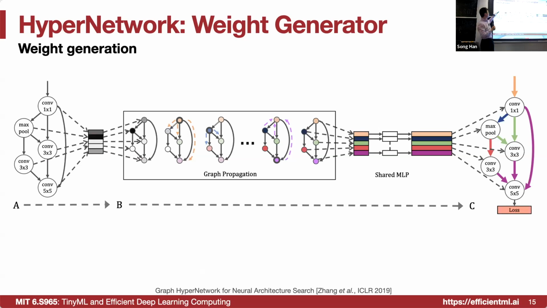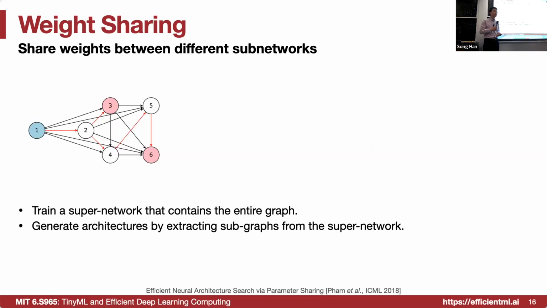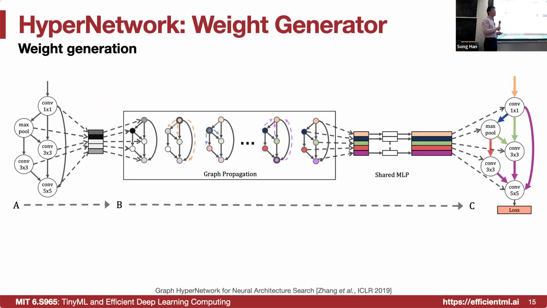So this is the original network architecture. This is the encoding, and then we do feature extraction for the encoded architecture, and then we have a shared MLP from the architecture to generate the weights for that architecture, and then we fill in the weights of the network architecture using the generated weights. It's like adding a level of indirection. The weight generation is just to initialize that network.